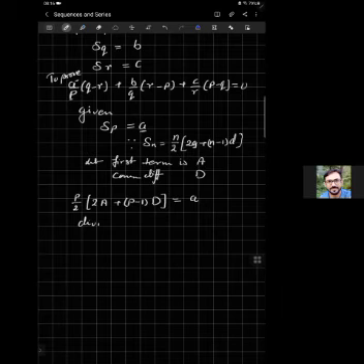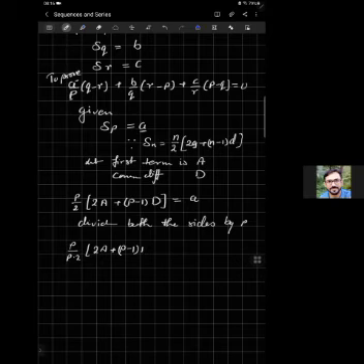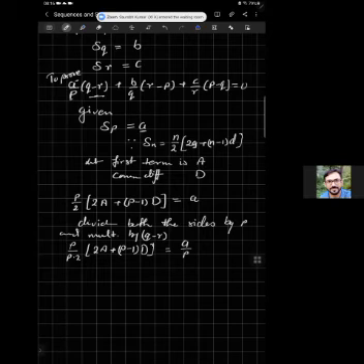So divide both sides by P. So it will become P upon P into 2, 2A plus P minus 1 into difference D equals A upon P, and multiply by Q minus R, again on both the sides.